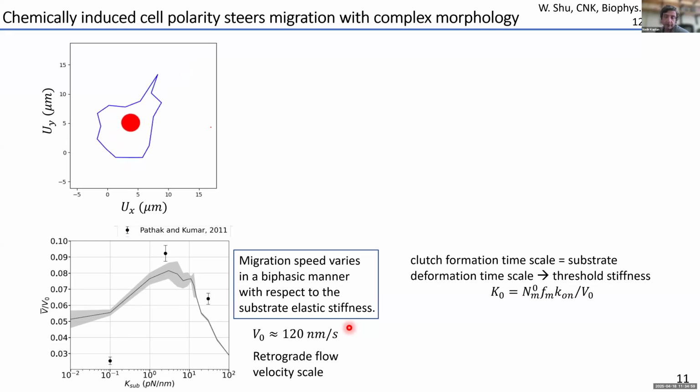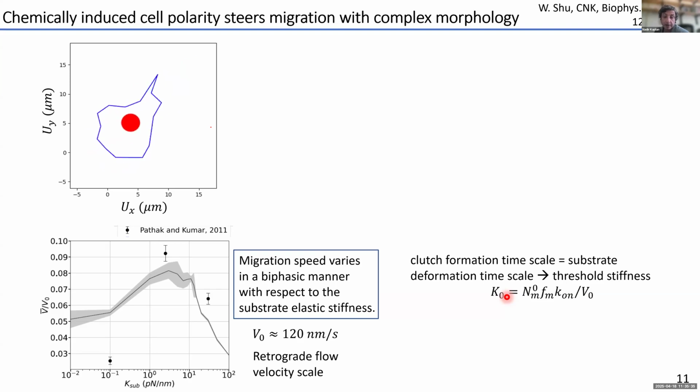We can obtain that stiffness by setting equal the molecular clutch formation time scale and the substrate deformation time scale. The clutch formation time scale is a chemical rate, but the substrate deformation time scale is associated with how the deformation of the substrate develops if it's a Kelvin-Voigt material. It's governed by a time-dependent ODE, which we can analyze.